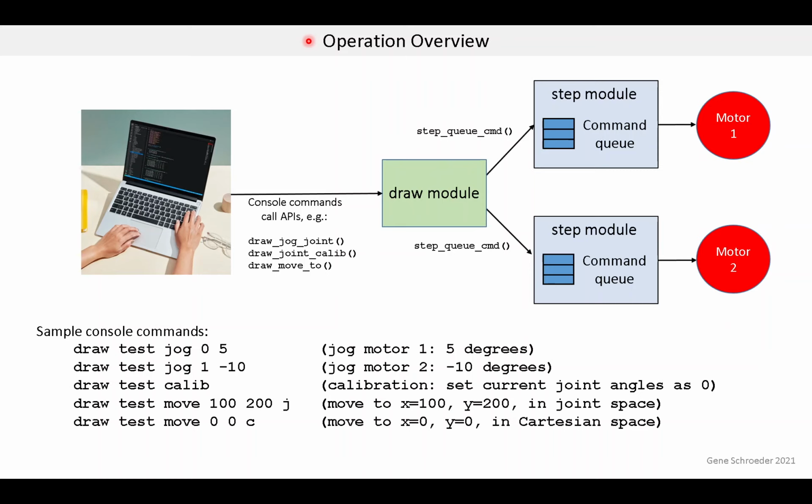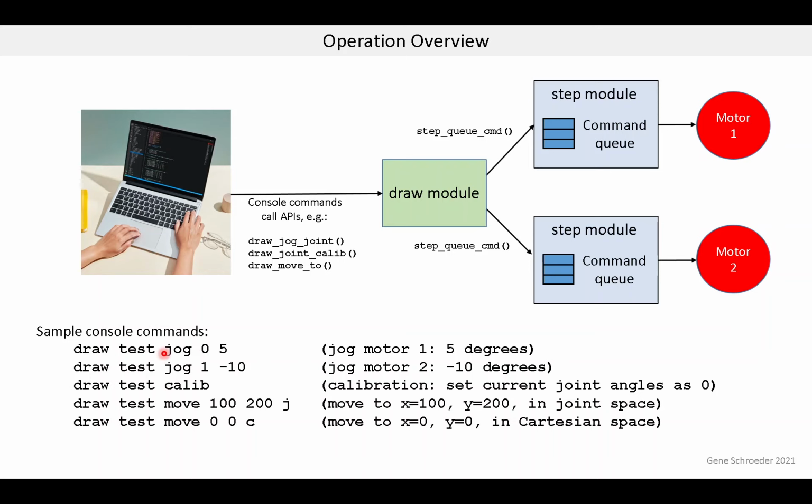So this slide tries to give a picture of how the system works, and this is applicable to the demo. We have someone like me typing in commands at a console, and some of these commands are shown down here. I won't go through these, but these are some of the key commands in the demo.